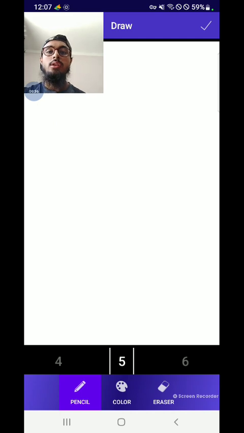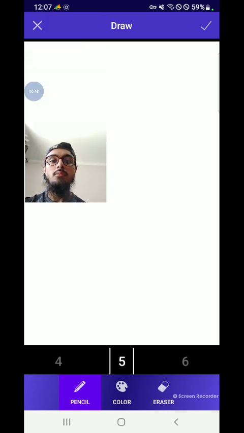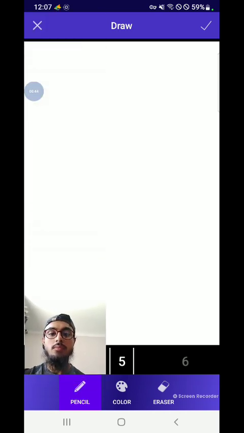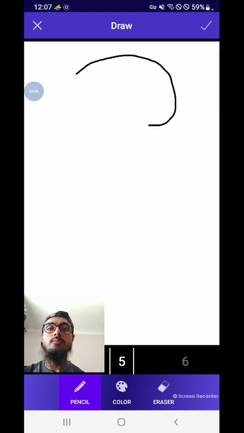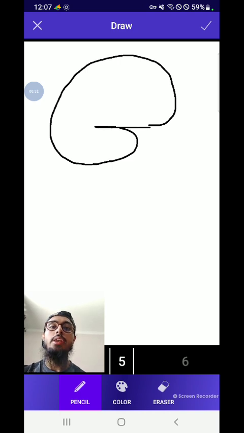Okay, so first I will draw the picture. This is our brain, the lateral view of the brain.